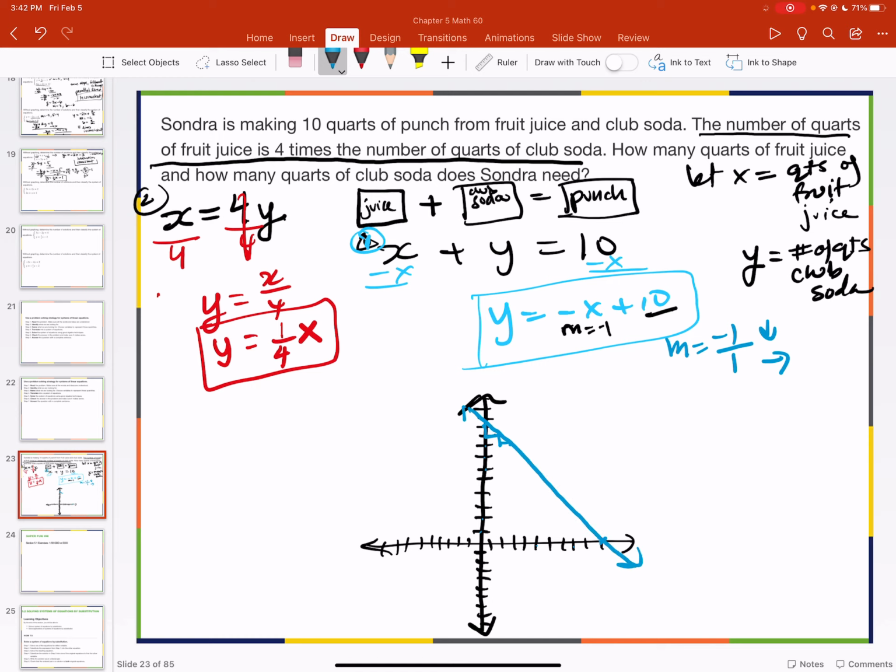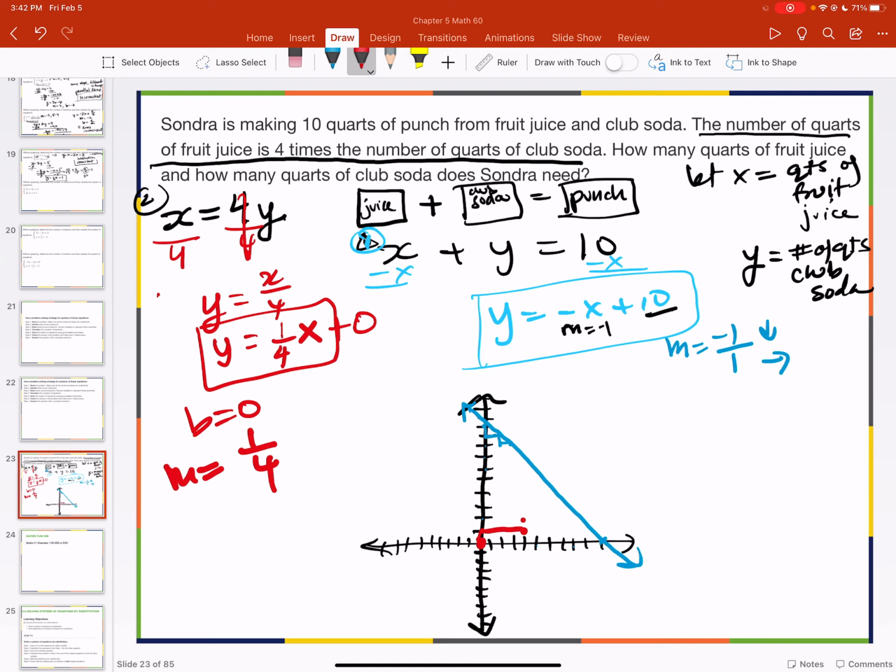Okay. And then 1/4 x, see how there's no b? So that means that it goes through the origin. When there's nothing there, we can write a 0 and say, oh, b is 0. Okay, so m is 1/4. So you start here at the origin. You're going to go up 1 over 4.